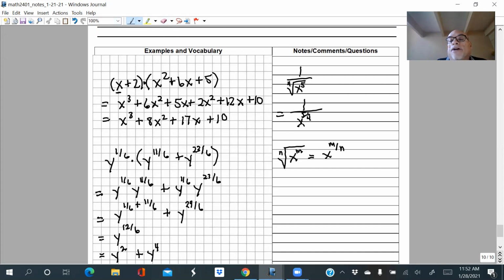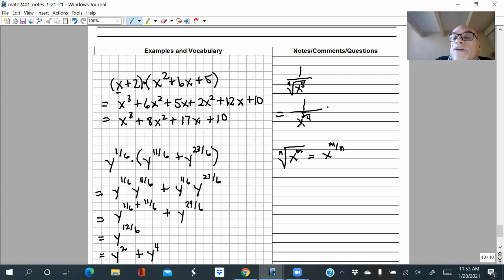So the fourth root of x to the 5th power is the same as 1 over, well, the 1 was already there, right? 1 over x to the 5/4 power, okay?